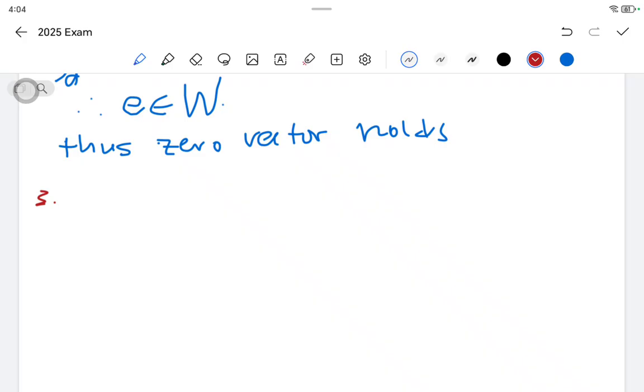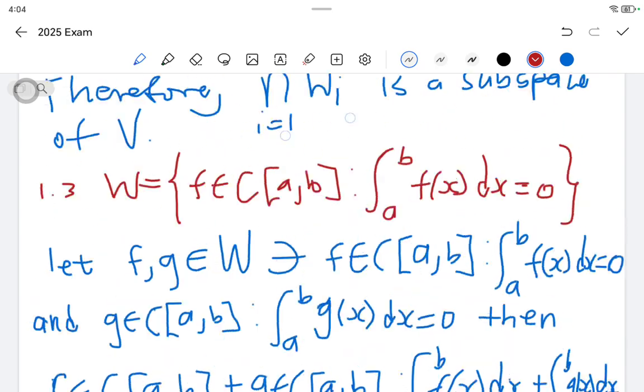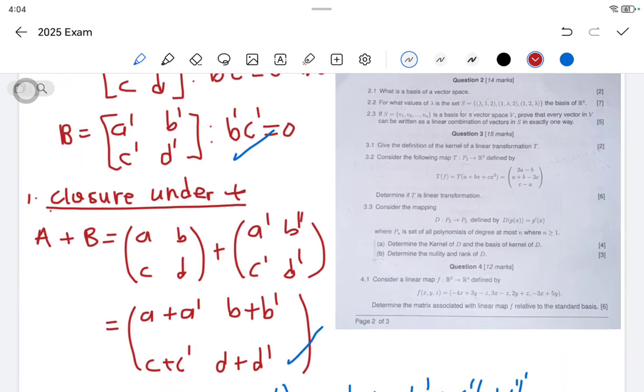So from here, we're going to let f be an element of C[A,B]. So remember this, I took it from the original question, right? What I'm letting here is the integral of f of x dx equal to 0. So let me go back to that question again so that you don't get lost, right?